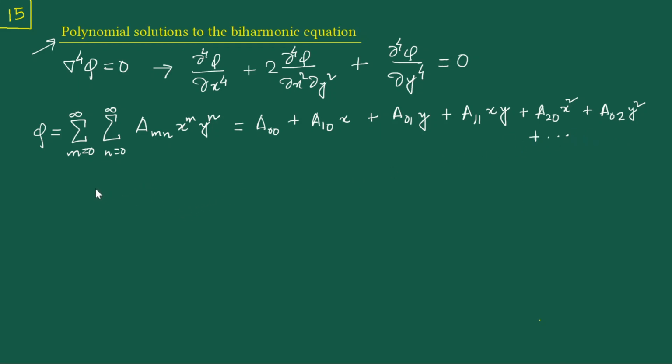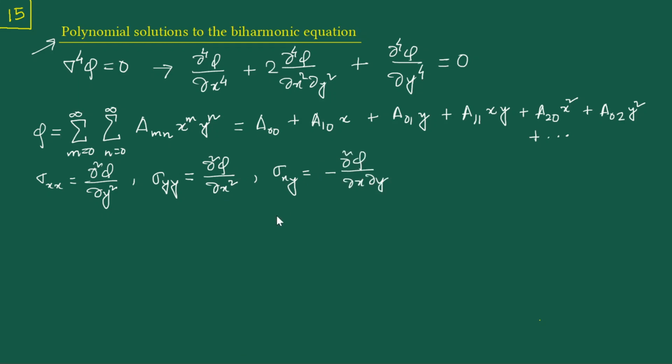Okay, now think for a moment that this phi is basically used to generate the stresses. Because again we remind ourselves that we have our stresses in this form: sigma xx is equal to del square phi del y square, sigma yy is equal to del square phi del x square, and sigma xy is equal to minus del square phi del x del y. Okay, so if we take a term like this, you see that all the stresses are zero.